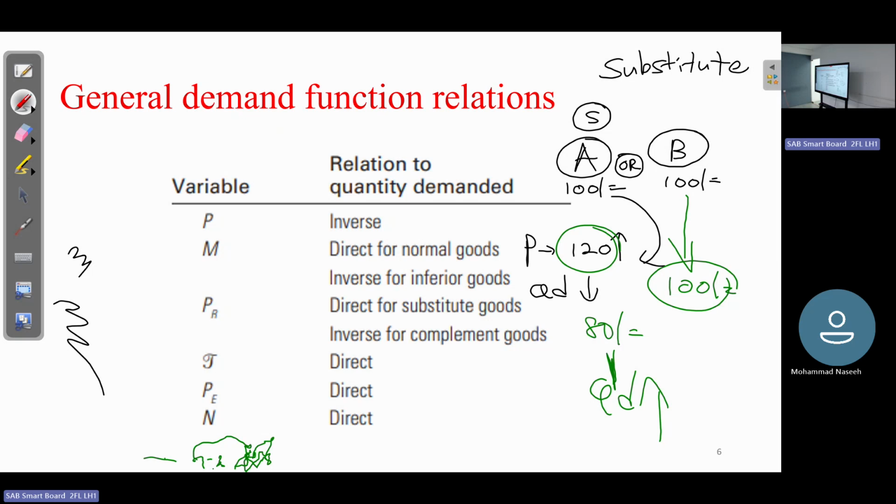This will cause consumers to shift from selected product to substitute product, resulting in reducing demand of the selected product. Right?